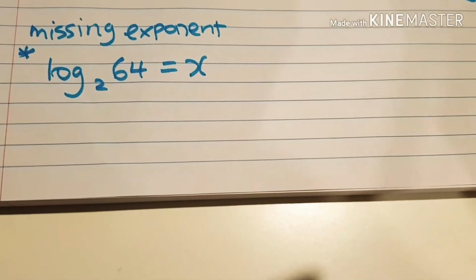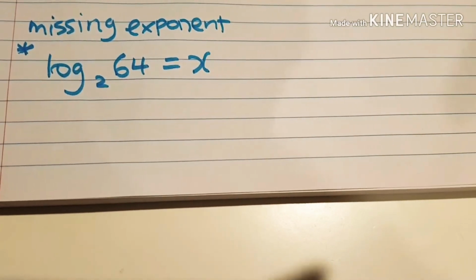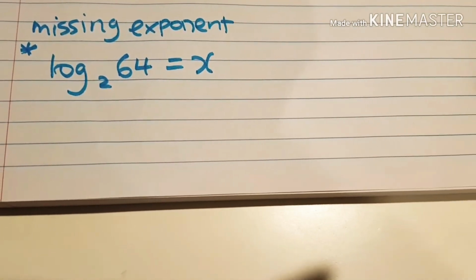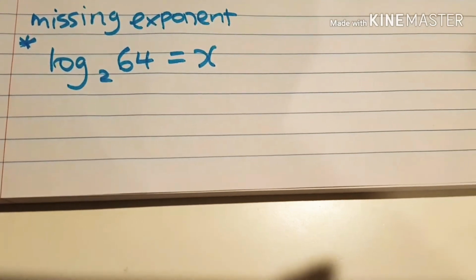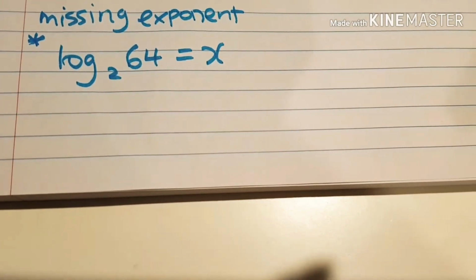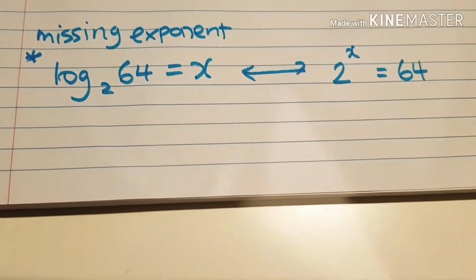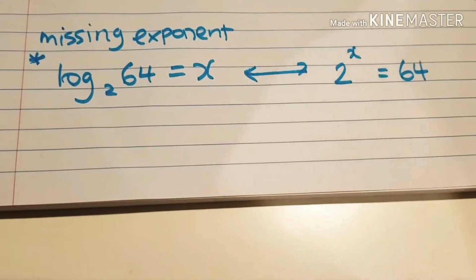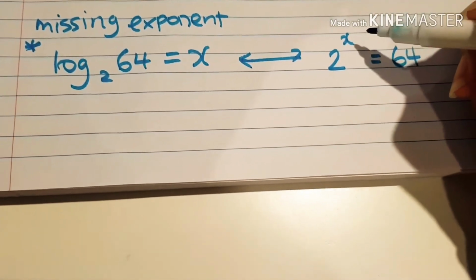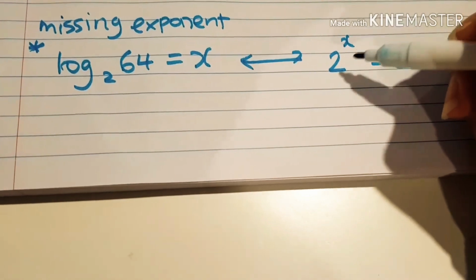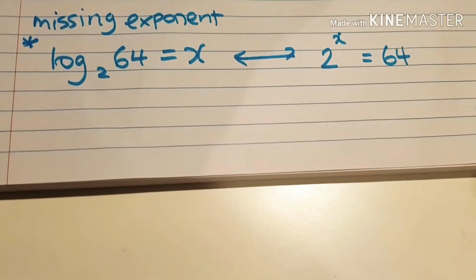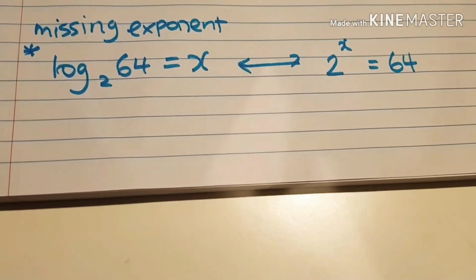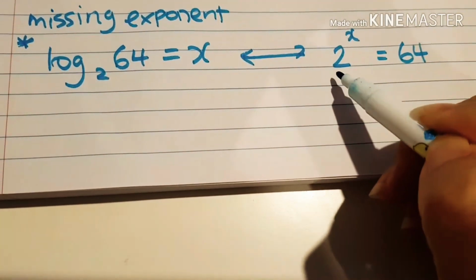This time let's find the missing exponent. Using the rule, I want you to convert it back into exponent form. Now I need to find the power. How can I find the power? First, I need to make the base equal.